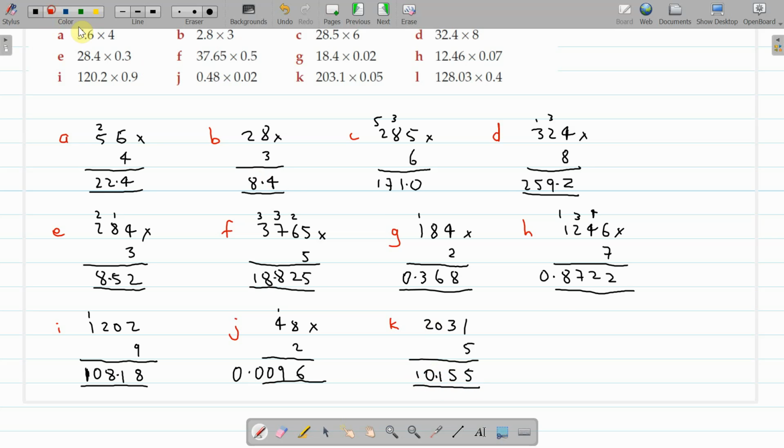L. 12803, no decimal point, times 4, no decimal point.